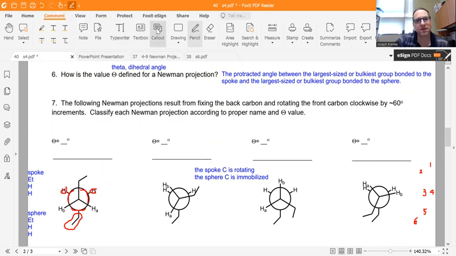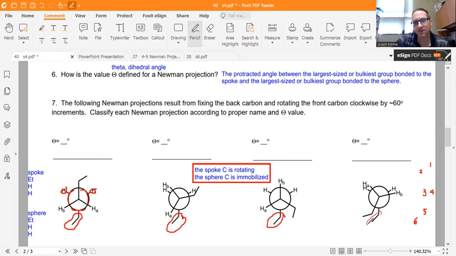And you will see throughout this process that it is the spoke carbon which is rotating. That's moved. And the sphere carbon is kept immobilized. You don't have to take my word for it. The ethyl group's in the same place, isn't it? The ethyl group's still there.